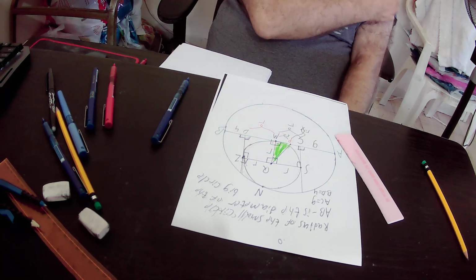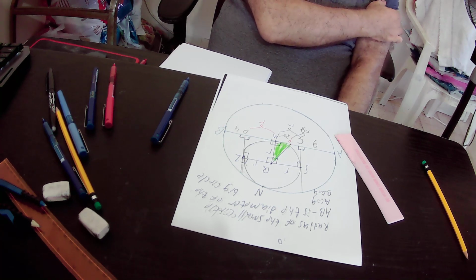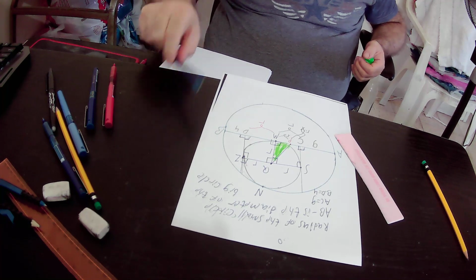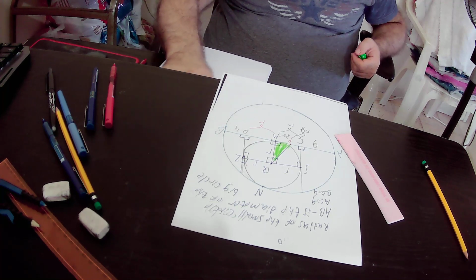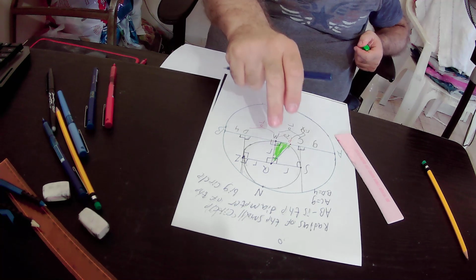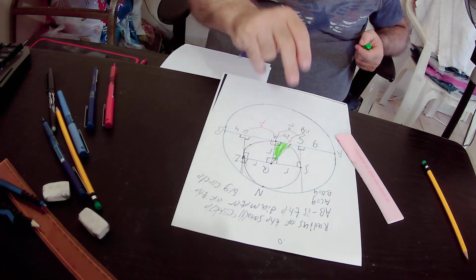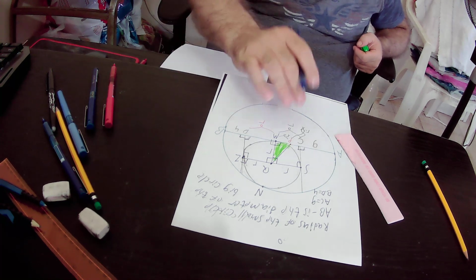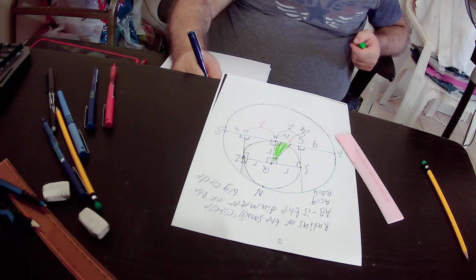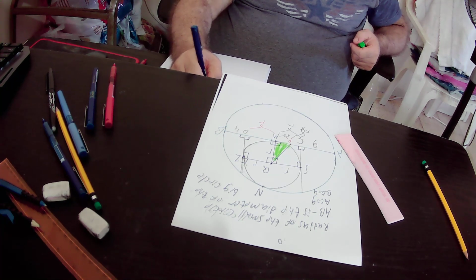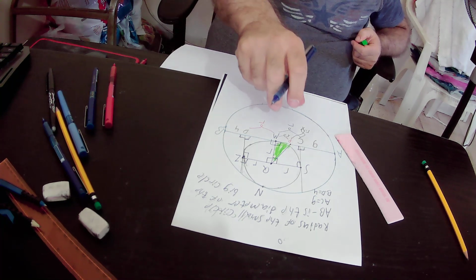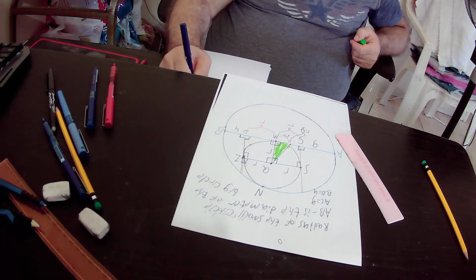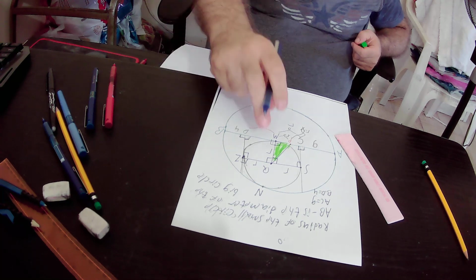So we can use the Pythagorean theorem in order to find out the radius of the small circle. According to the Pythagorean theorem, the square of the hypotenuse equals the sum of the squares of the perpendiculars. That is to say, QP squared equals PM squared plus MQ squared.